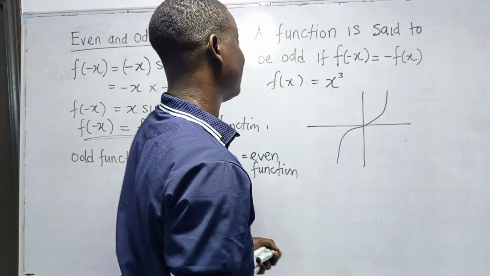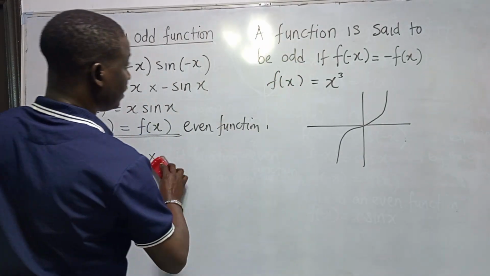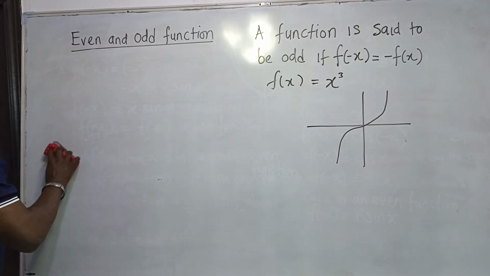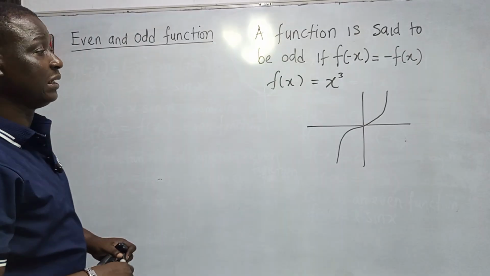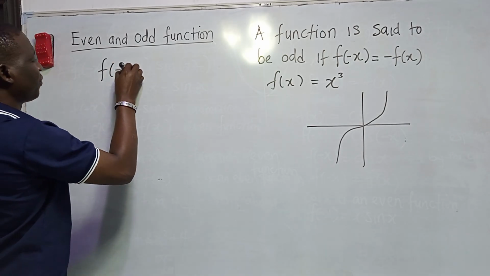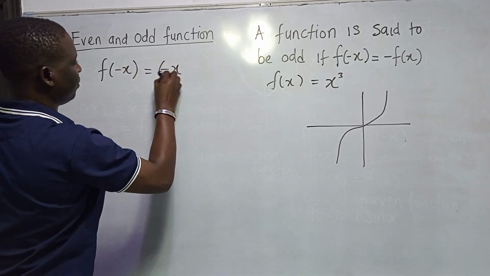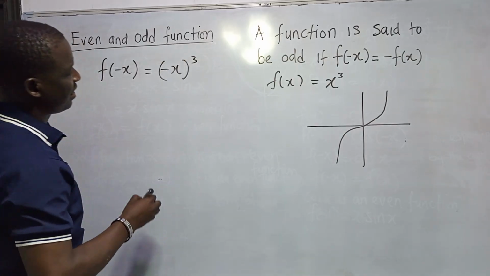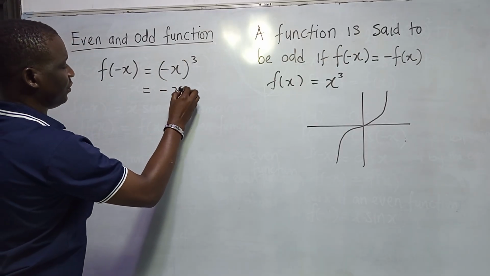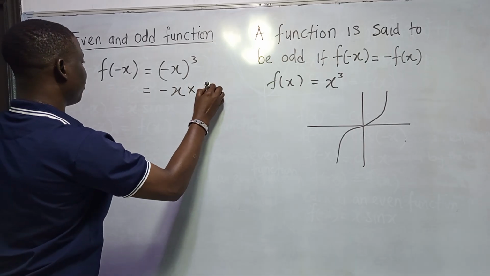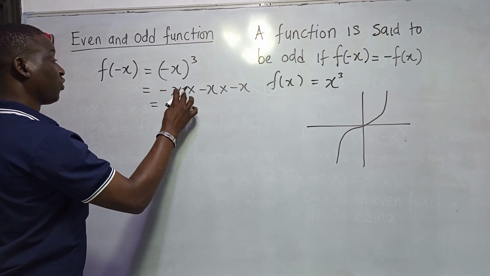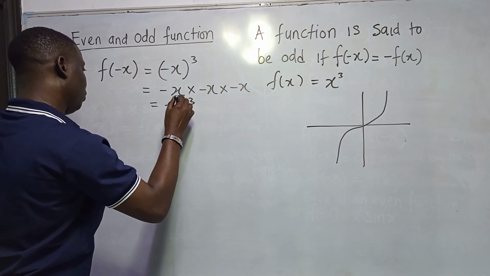Symmetrical about the y-axis. Now, let us check this out. Let us see how we can test this function. What we would have now is f of minus x equal to minus x all cubed. If you bring this one down, we have minus x times minus x times minus x, which will give us minus times minus plus, times minus, minus x cube.